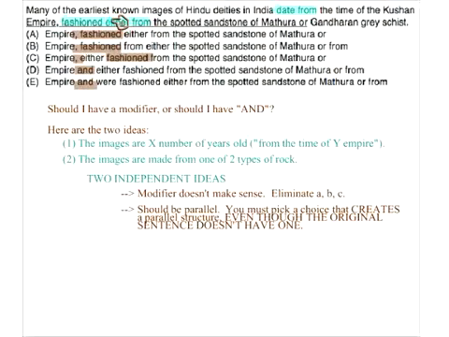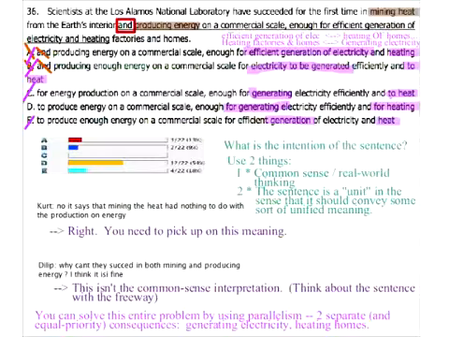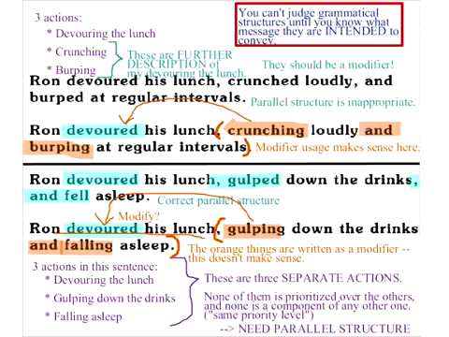So again, it's kind of like this right here, where before you judge these things, you have to come up with this decision that these are three things that are separate, but these are not. So that's why it's imperative to understand the meaning first, because otherwise you have no idea which structures are correct and which structures are incorrect.